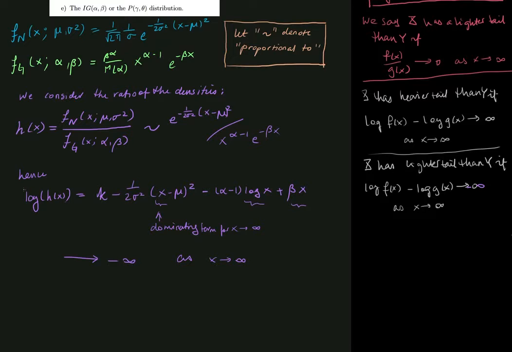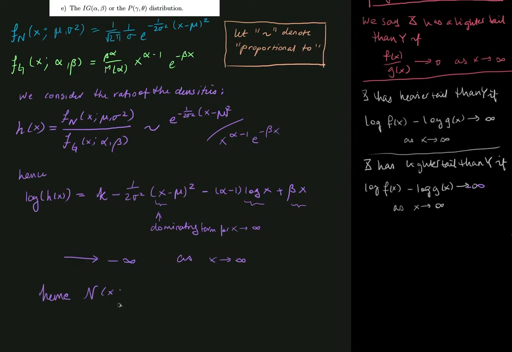So log of this minus log of this tends to minus infinity as x tends to infinity. And based on what we learned from the exercise text, this means that the normal distribution has a lighter tail.